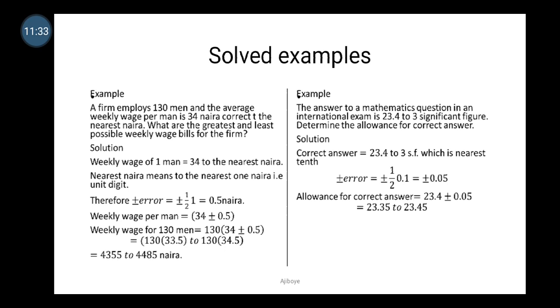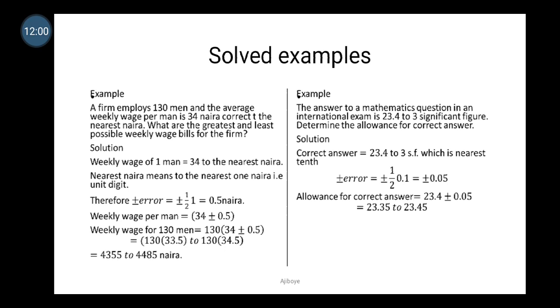The approximation will still be the same. So if you take half of the nearest naira, that will give you 50 kobo. Therefore, the weekly wage per man is between 33 naira 50 kobo and 34 naira 50 kobo.